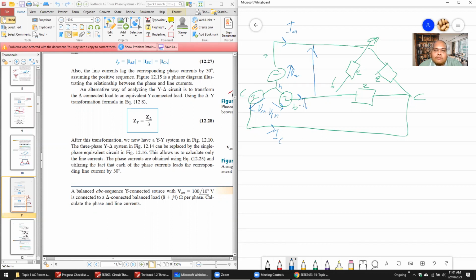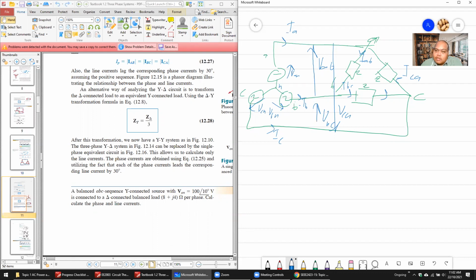And then you label VAB, VBC, VCA. Then you label the current here. Of course, positive sequence: IA to B, IB to C, and then ICA. Positive sequence, always follow the sequence.